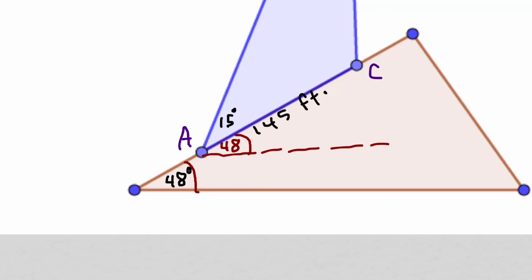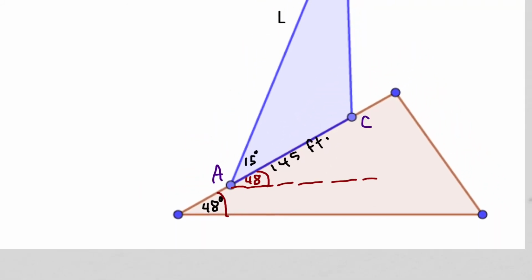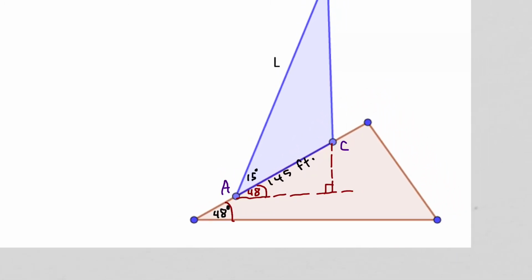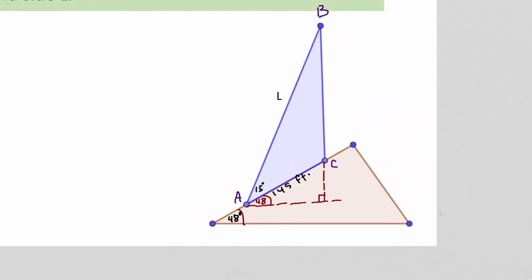If that angle is 48 degrees, let's just drop a line. We're drawing what we call auxiliary lines in geometry to help us figure things out. If I make that a right angle there, then I could figure out this angle up here.